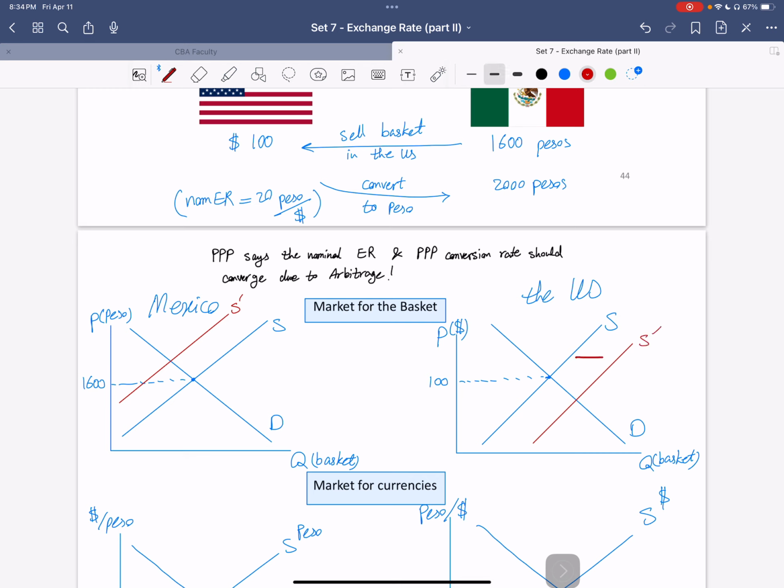We will see that this shifts to the right, and this shifts in Mexico to the left. Now compare these new equilibrium points. See, this is increasing the price level, and here the price level drops down. This is the market for the basket.